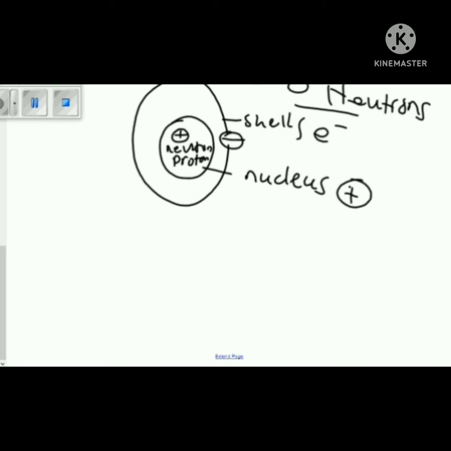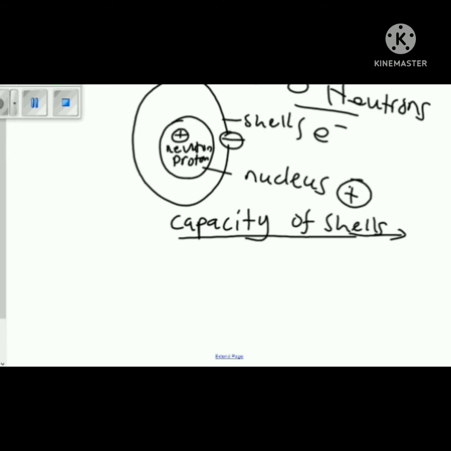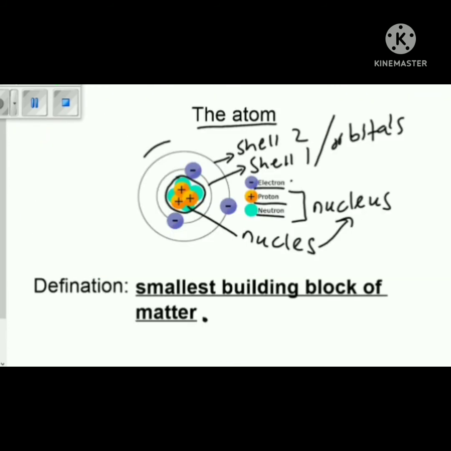So here we go to the next, the capacity of shells. Remember, when we're talking about the shells, we're simply talking about these orbitals. Let me just rewind you back to this diagram. We're talking about these orbitals which are surrounding this nucleus.